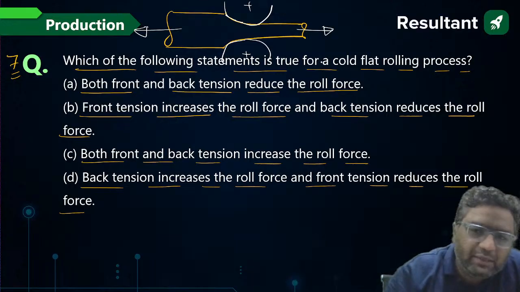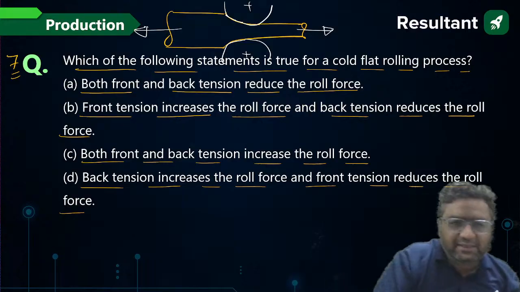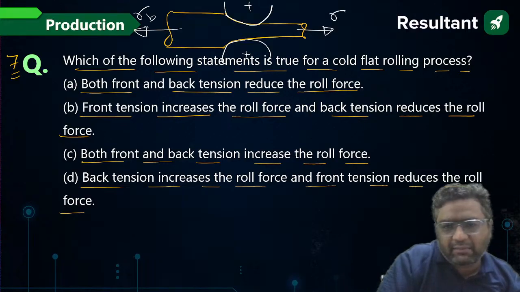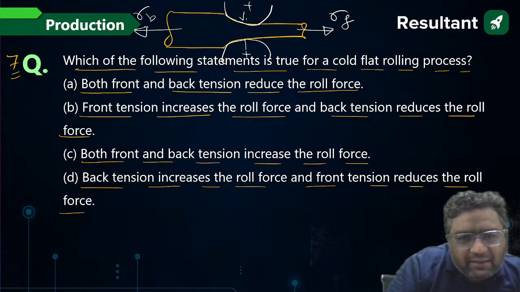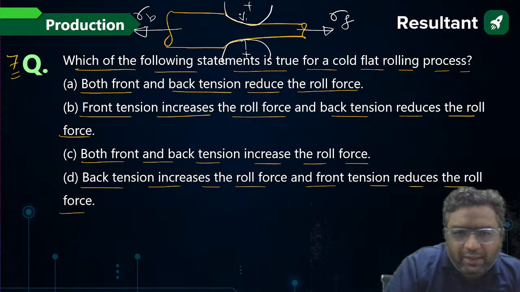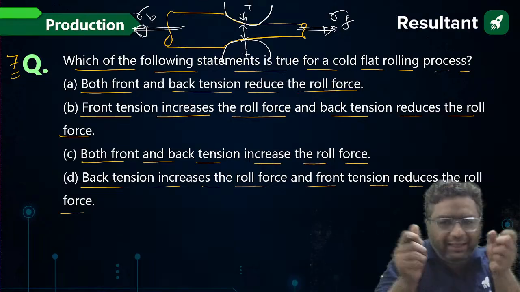Whenever you apply the front and back tension, this is sigma back, this is sigma F. You know that the rollers are trying to compress it. The rollers are trying to compress the cross section and these tensions are going to increase the length.